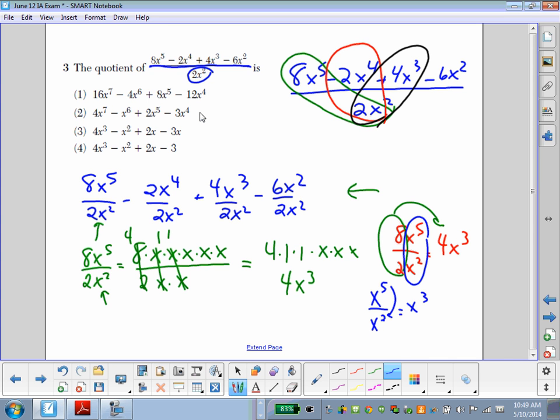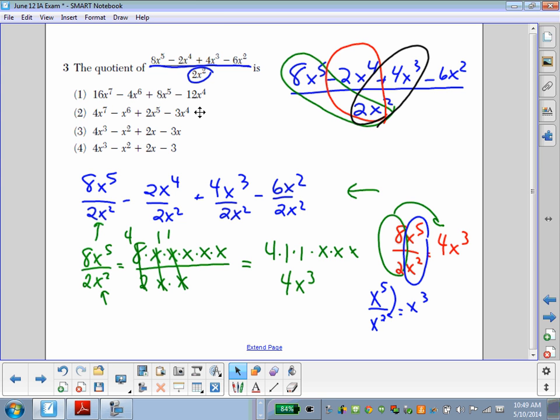So we can also remember that when we have exponents and we're dividing, you subtract the exponents. This is only true when you have the same base, so the x's have to match. Personally, I like to do it out first to make sure that I know what I'm doing, but if I become comfortable with this, I will just subtract the exponents.